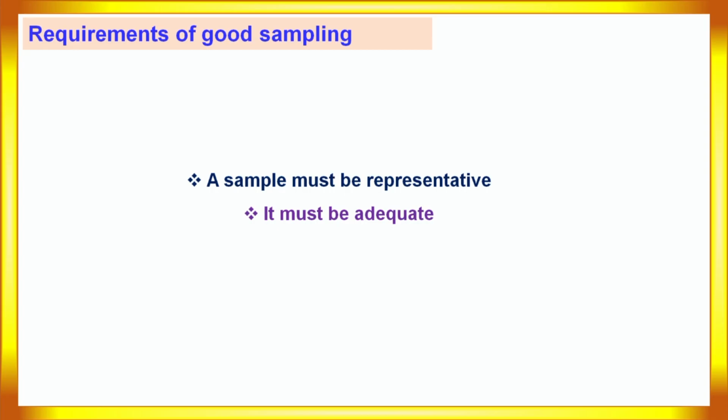Representativeness is the mechanical part: the sampling method you are using leads towards representativeness. The second and most important is that it must be adequate. Adequate means the size of the sample should be such that the characteristics you are studying remain stable. What should be the adequate number of your sample? It also contributes towards increasing representativeness.